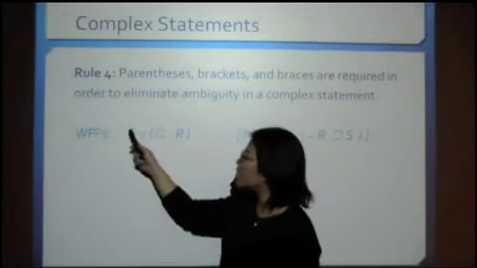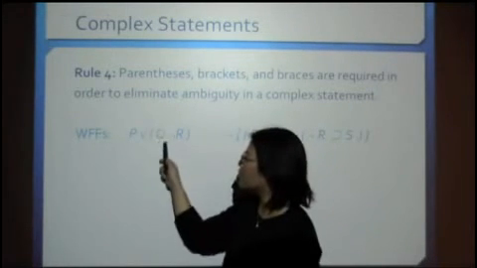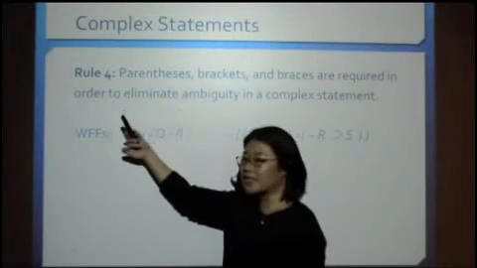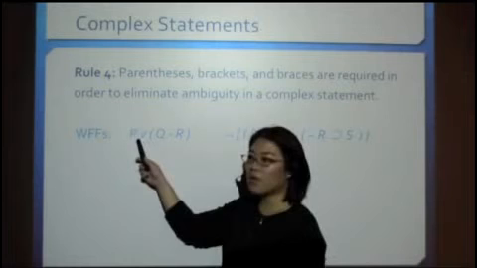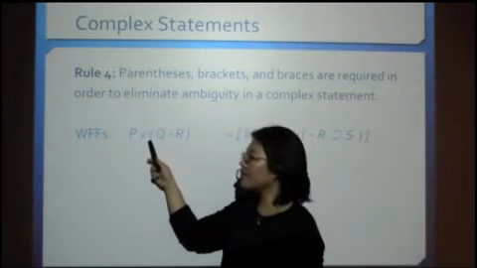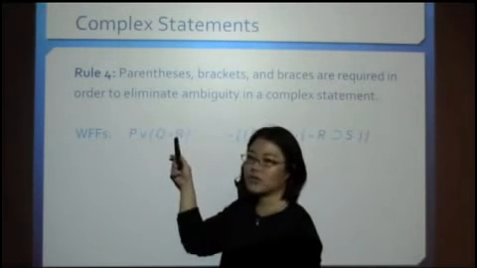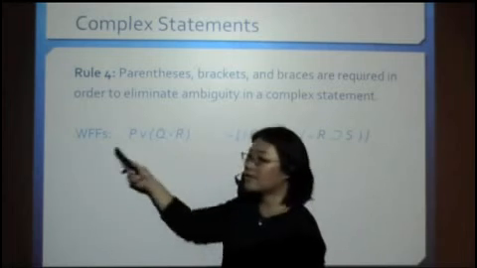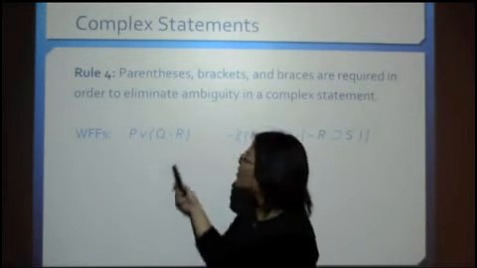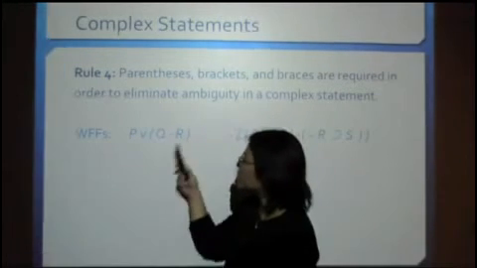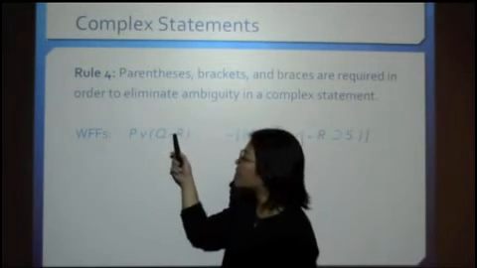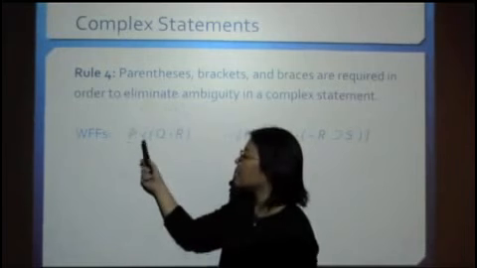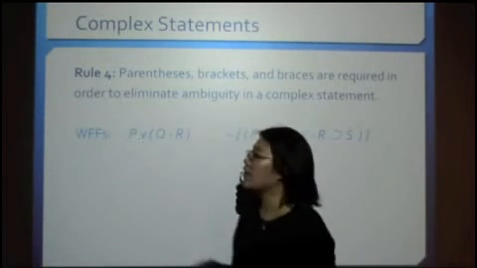So as a conjunction then, if the parentheses were over here, this would read back into ordinary language as the grass is green or it is raining and roses are red, okay? So we would have different statements here. So we need these parentheses here to tell us that Q and R go together as one unit, which then tells us that this statement here is actually a disjunction, okay?